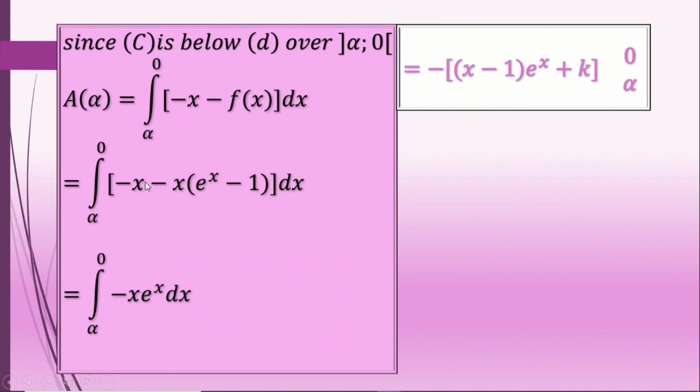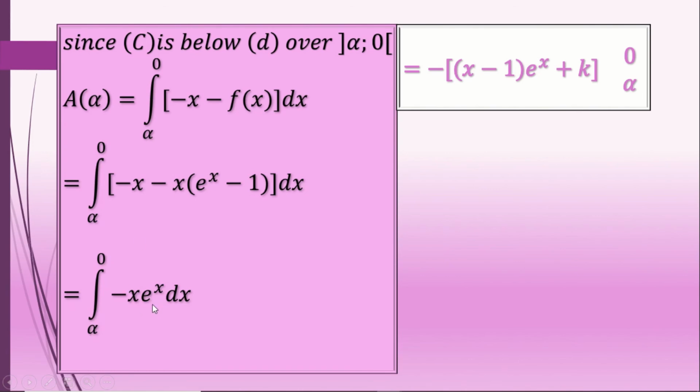Now we just have to solve it, so it's minus x minus (x e^x minus x). We expand them. Note that minus times minus x plus x cancel. So it's the integral of minus x e^x dx, where x varies from alpha towards 0.